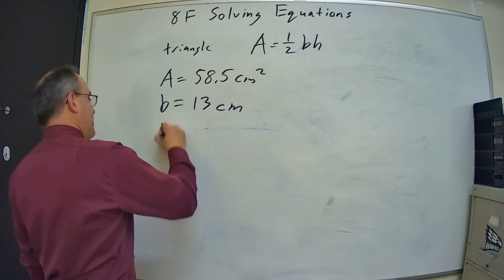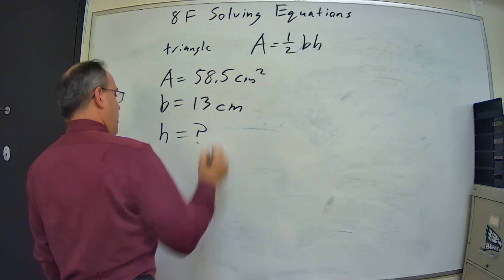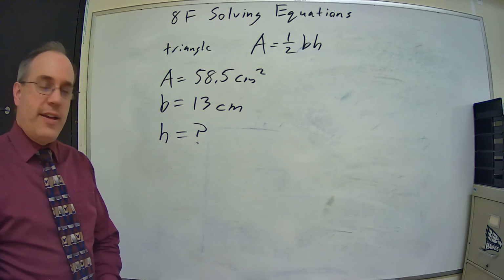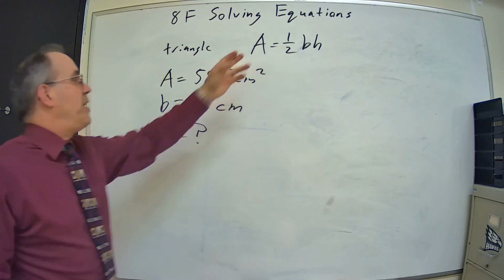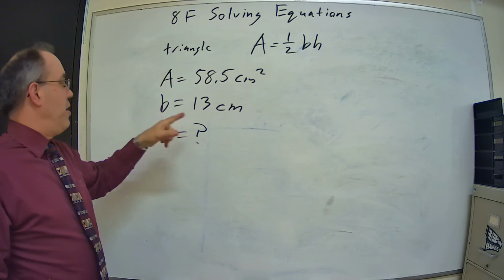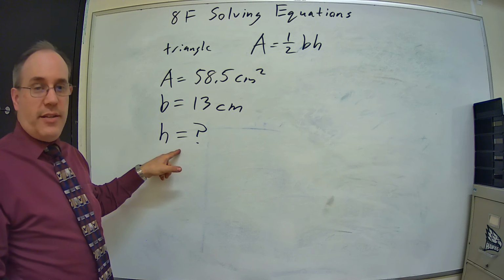What is the height of the triangle? So now we can't just plug in base and height to find area. We have the area, we have the base, we're missing the height.